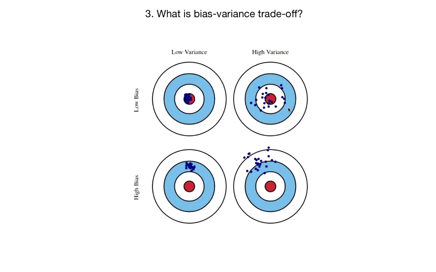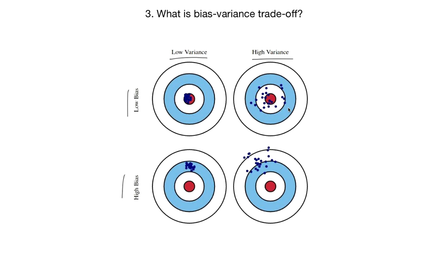You can understand this in a better way by seeing this bullseye graphic. We have here low variance, high variance, low bias and high bias. Now you see this point. In this we have low bias and low variance, and all the classifications are almost near the target.